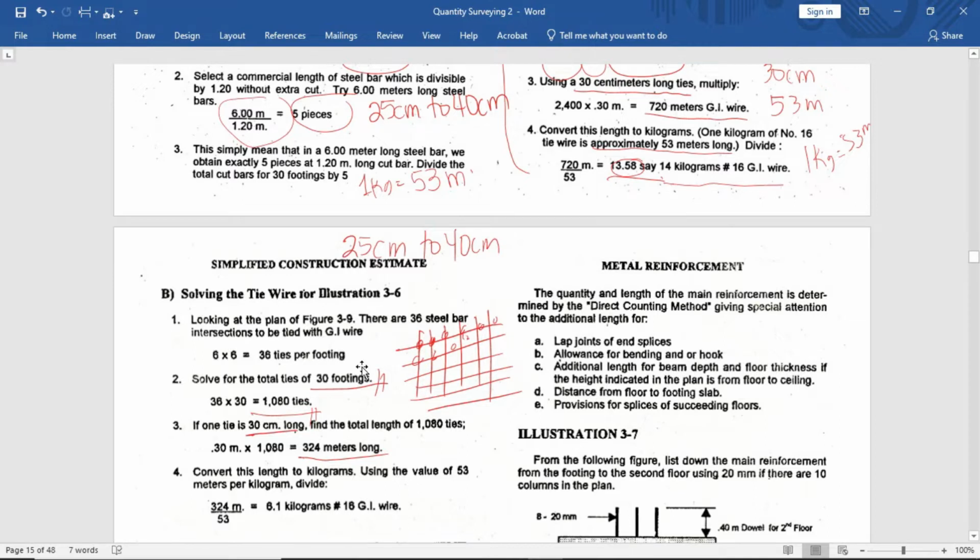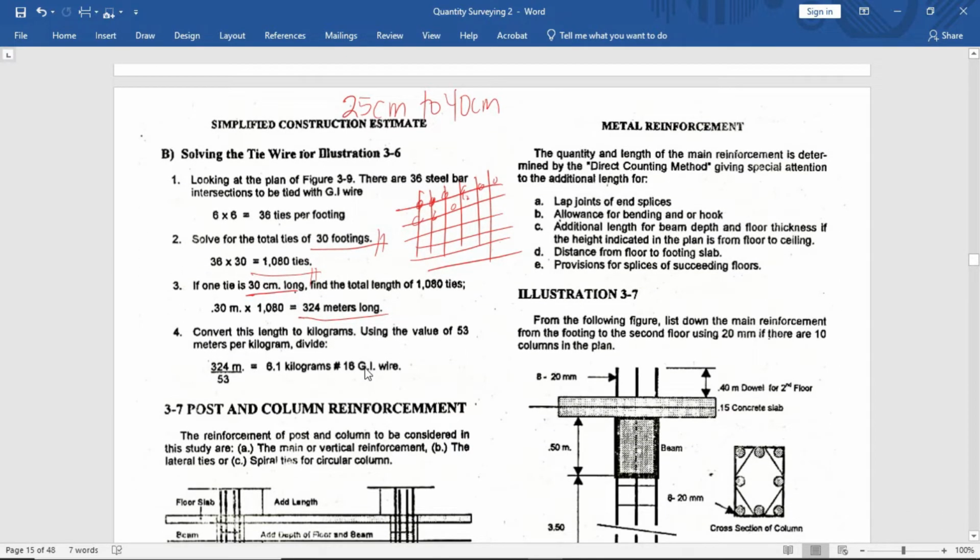After natin makuha kung ilang metro ng tie wire yung kukunin natin, ngayon hanapin natin kung ilang kilo yung tie wire na bibilhin natin. Kasi ang benta ng tie wire is per kilo. So sabi nga natin, 1 kilogram of tie wire is equal to 53 meters.